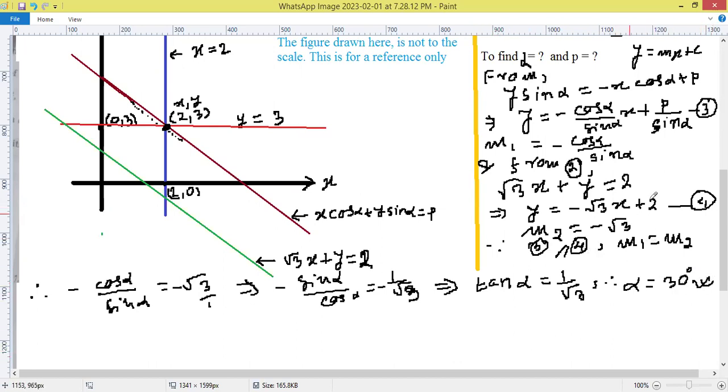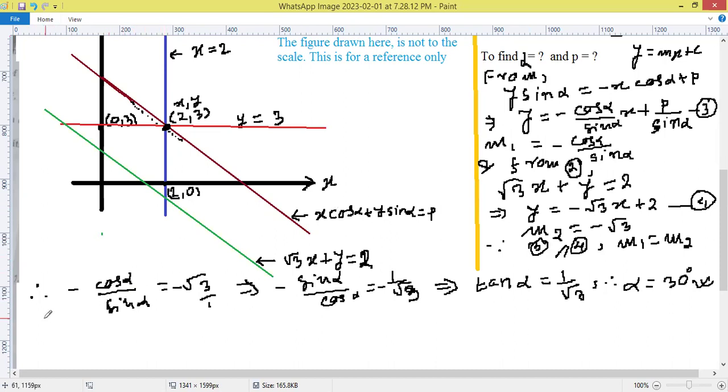Now you have to find the value of the constant p over here. So what you do, you take one of the equations where it is applicable. So either you take this or 3 also here. All right, so let me take 3.